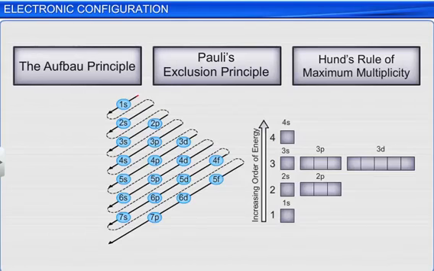For example, in potassium, the electrons enter into various orbitals, that is, 1s2, 2s2, 2p6, 3s2, 3p6, and 4s1, in accordance with Aufbau's rule.